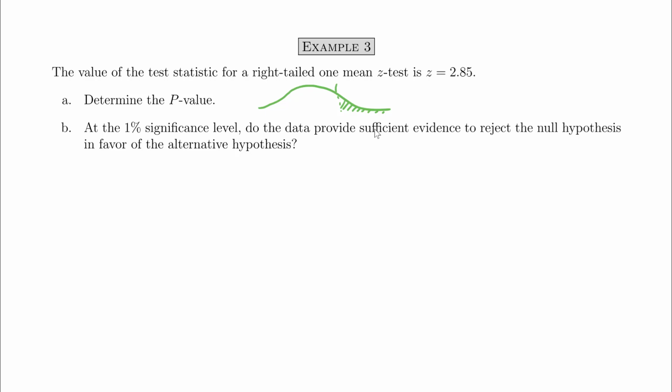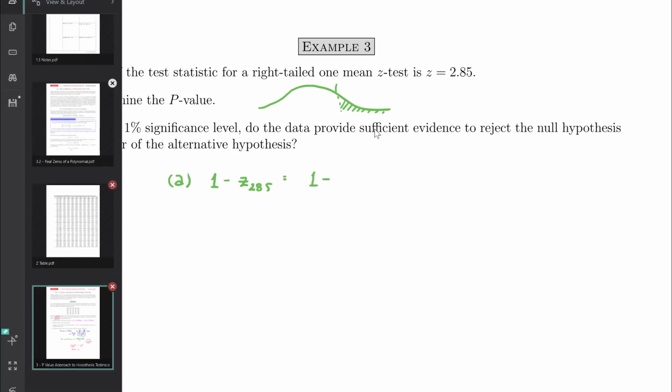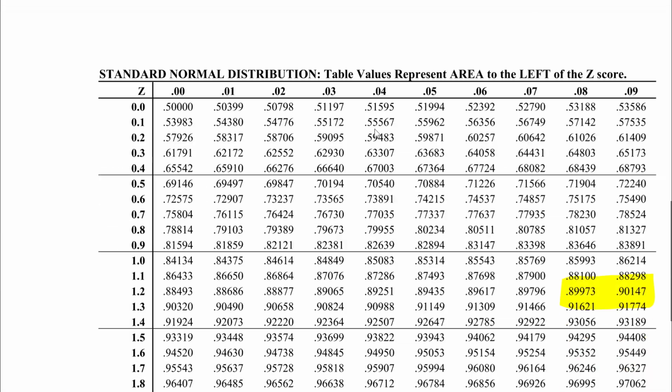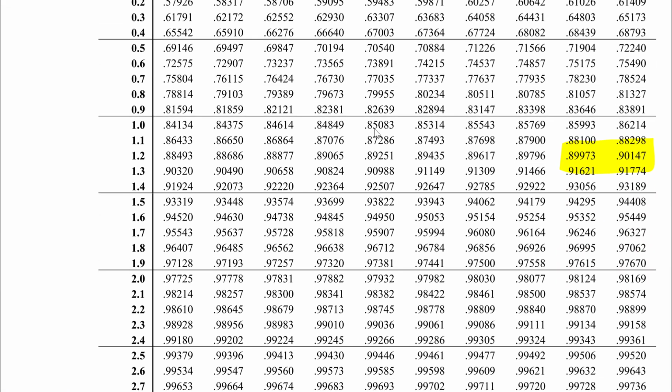So what we have to do for this one in part A is 1 minus whatever z 2.85 is. We're going to get 1 minus, and let's look to see what 2.85 ends up being. 2.8, 1, 2, 3, 4, 5 is 0.99781.